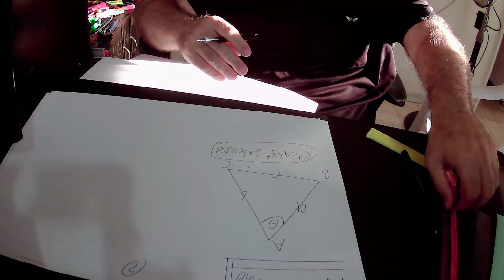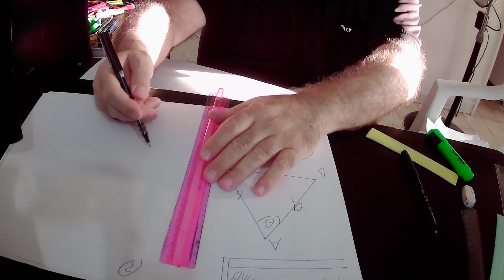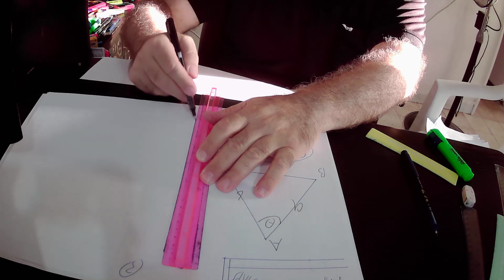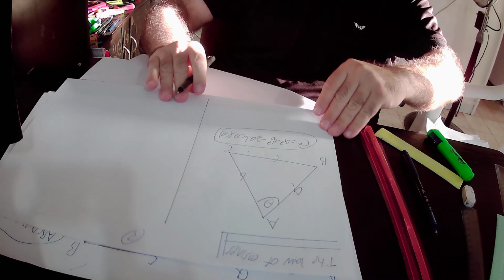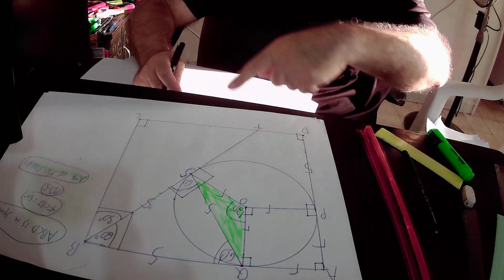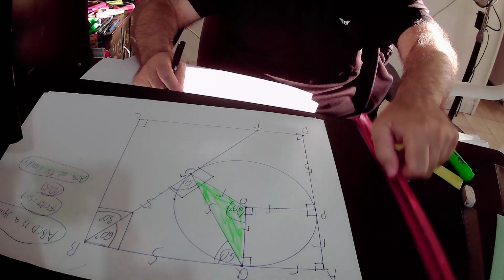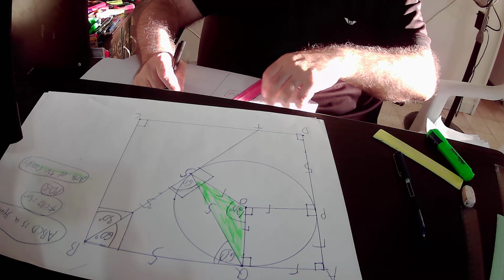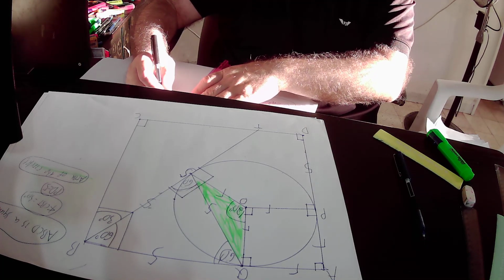Actually, we can implement the law of cosines in the green triangle QOS. So I'll copy the green triangle QOS in a new page and we implement the law of cosines in triangle QOS.